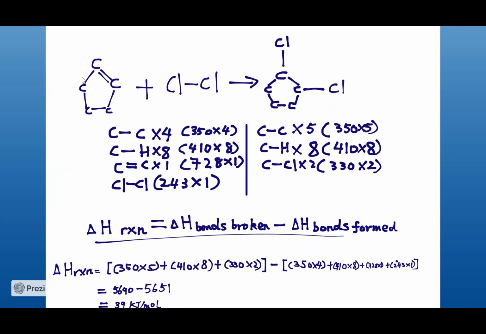So here, notice C bonded with C, a single bond. How many pairs are there? 1, 2, 3, 4. There are 4 pairs. So according to the average dissociation energy, the value should be 350 multiplied by 4. How many pairs of C bonded with hydrogens?